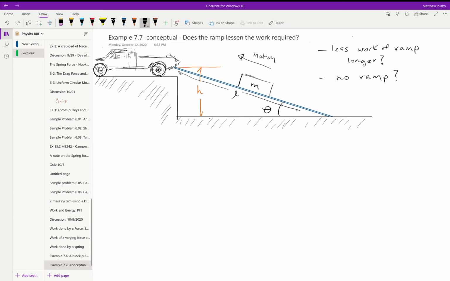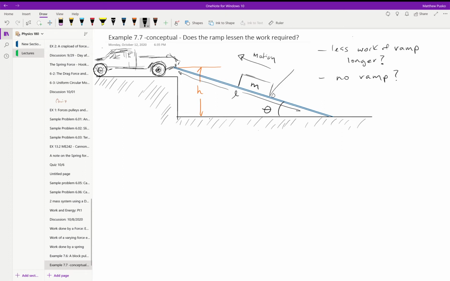Okay, so example 7.7 is conceptual, and it makes it a little bit confusing when you look at the math they do. Let's just talk about it. They're asking if someone is to push this mass, and the problem is a refrigerator or something, on a dolly.